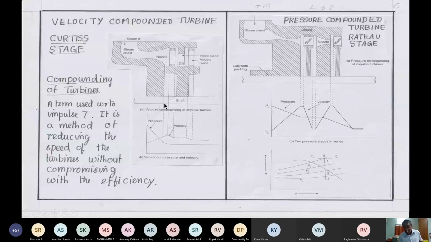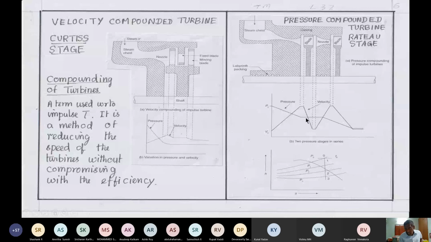Now there is the second method, the pressure compounded turbine. Here again the rotor is there, so you have two sets of rotor blades. In between you have a stator whose function is not just to redirect the flow, but also to increase the velocity. So you can see, in the first nozzle, pressure decreases, velocity goes up.